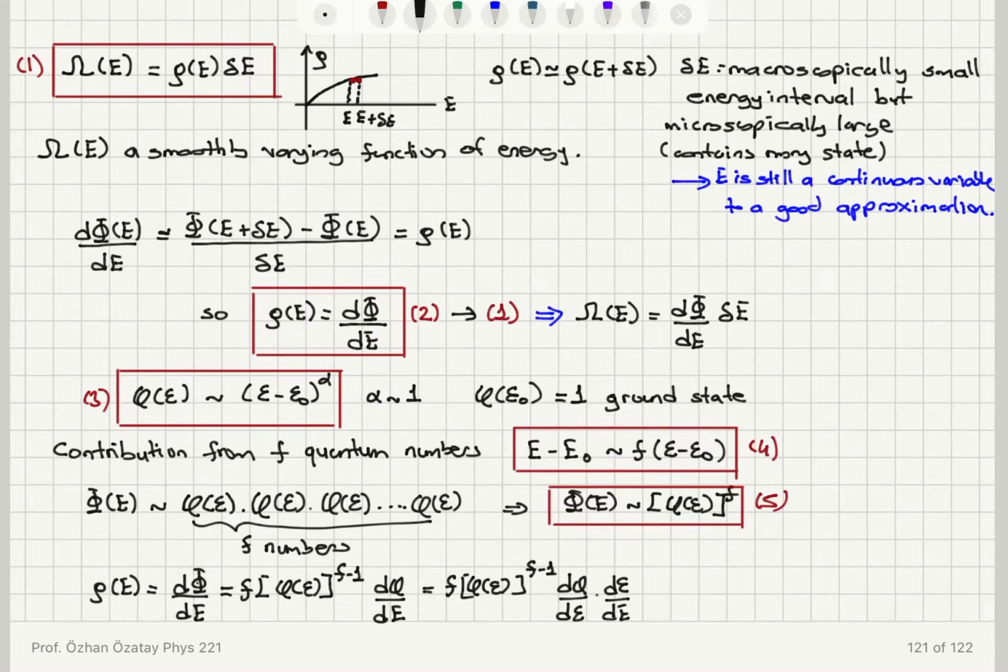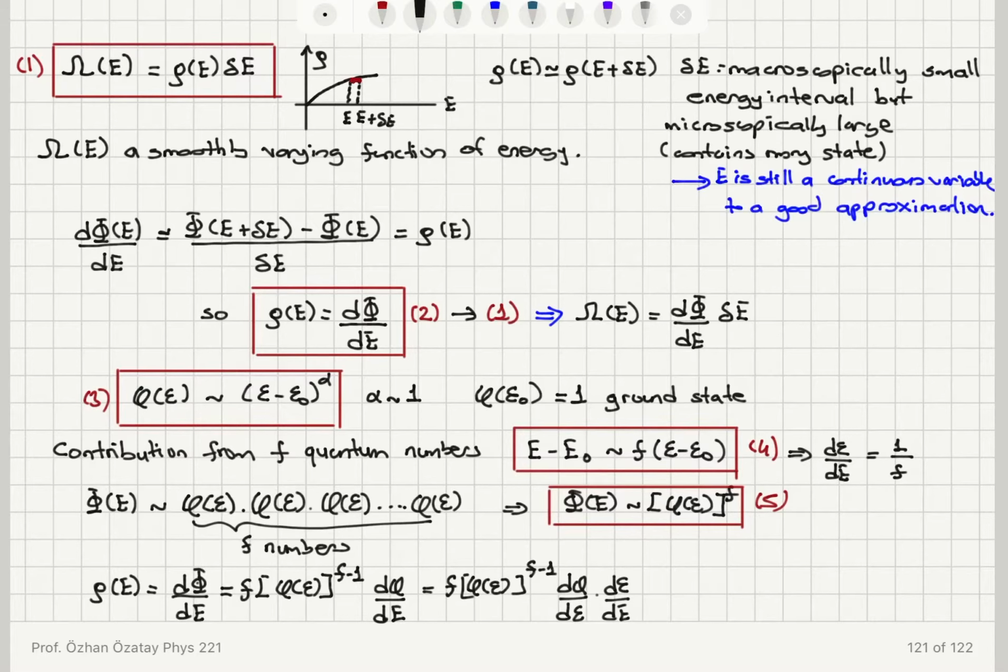So first of all, what is d epsilon dE? I look at relationship number 4, and it tells me d epsilon dE will be equal to 1 over f.